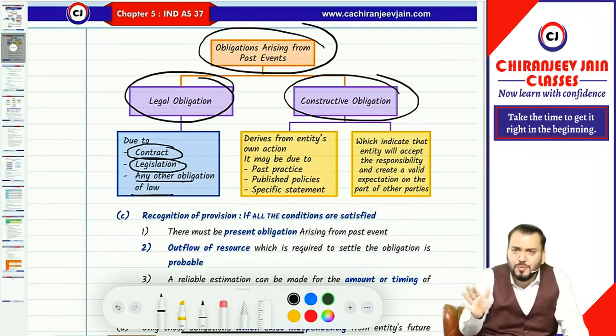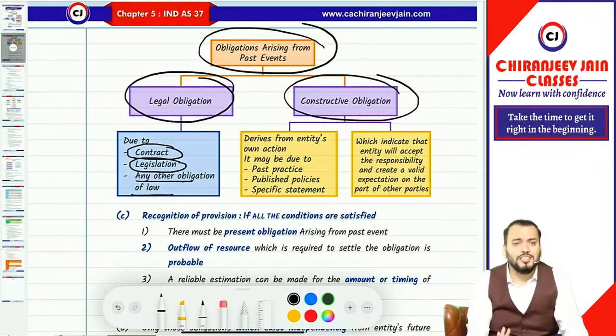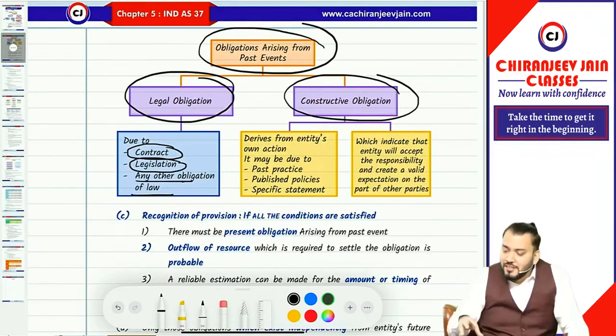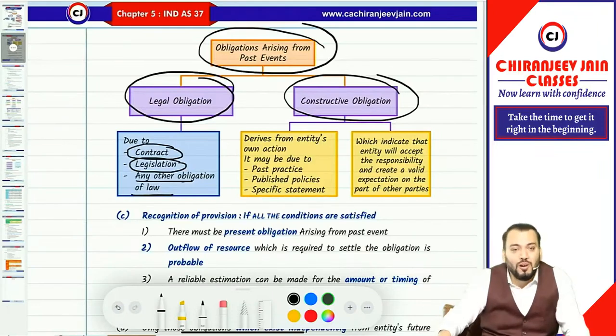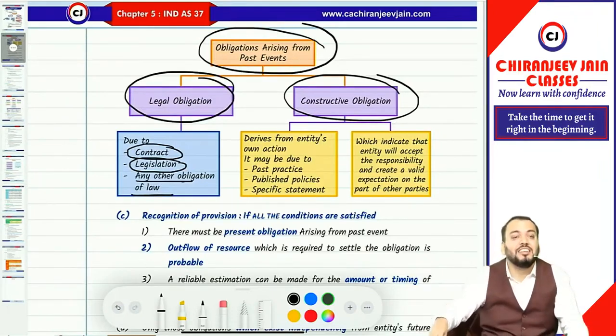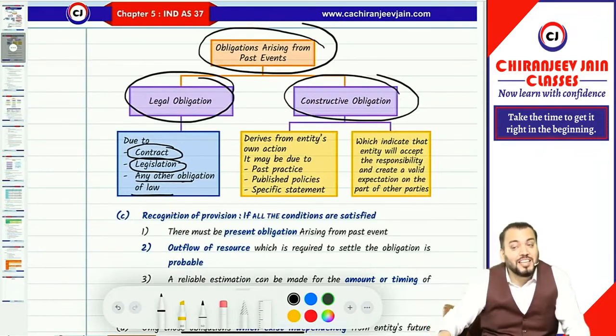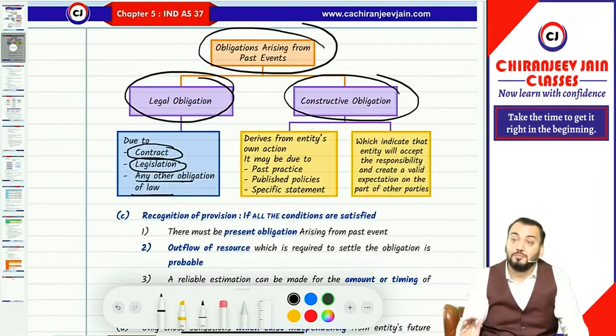This is the announcement I am making. For you also it is applicable. Any student who has taken classes from me is my student, who scores 90% or more than 90% in the FR exam conducted by ICAI, I will refund 50% of the fees paid by you.